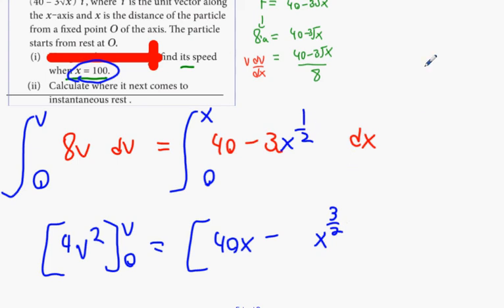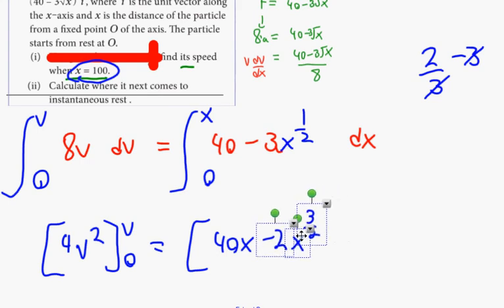Turn that power upside down to get 2 over 3. There's an existing minus 3 already. Whoa, I counted the minus 3 already, so it's only going to be 1 minus 2x to the power of 3 over 2.